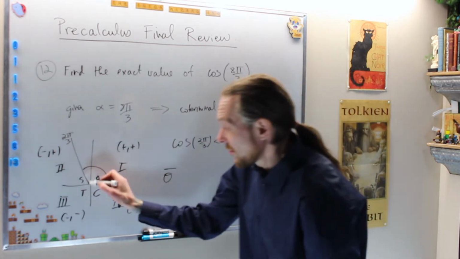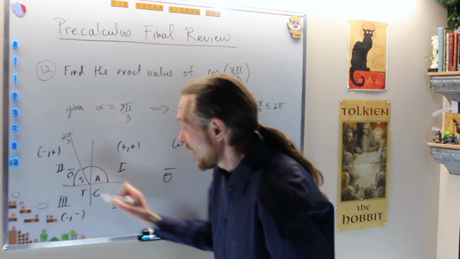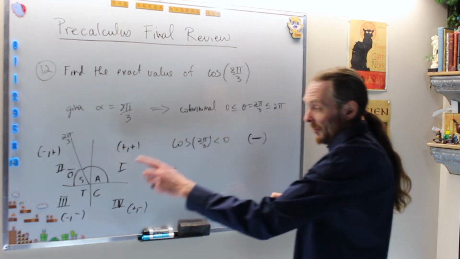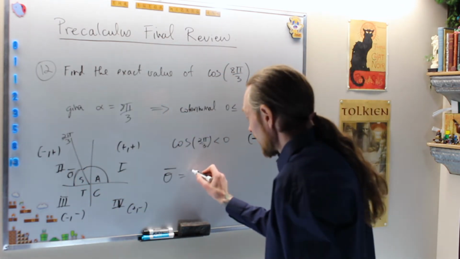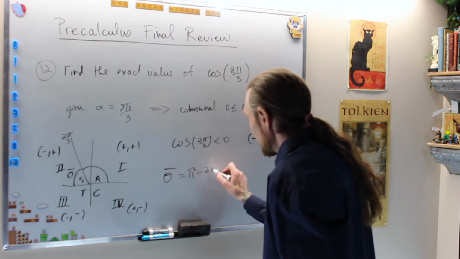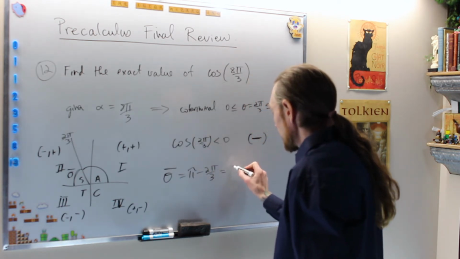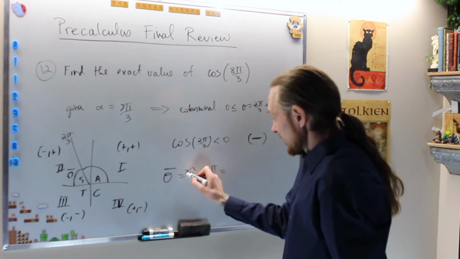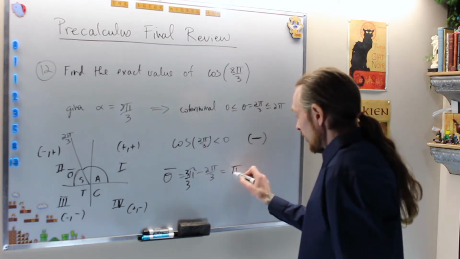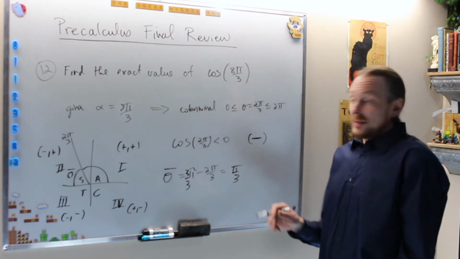So in this case, in quadrant 2, this would be theta bar, and that is going to be pi minus our angle. So theta bar is pi minus 2 pi over 3, which is 3 pi over 3 minus 2 pi over 3, which is pi over 3. So our reference angle is pi over 3.